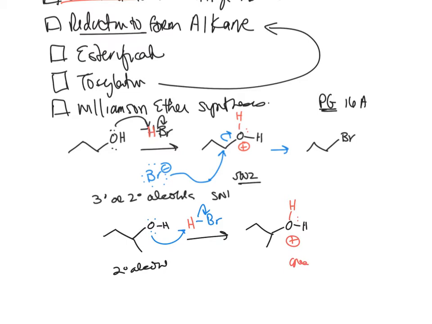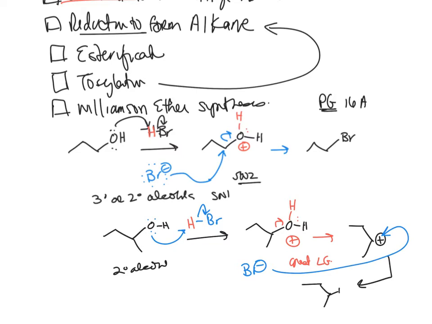Now this is a great leaving group, and it is going to leave first. So we've got a stepwise mechanism. The leaving group leaves, and is this your most stable carbocation? Yes. Then the bromide will come in as your nucleophile in step number 2, and there is your alkyl halide.